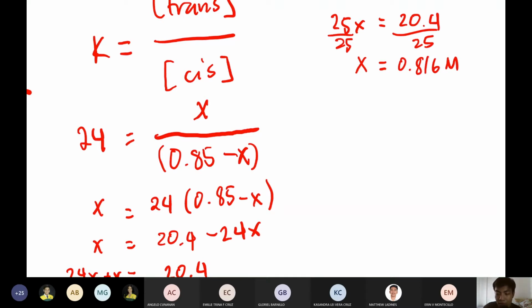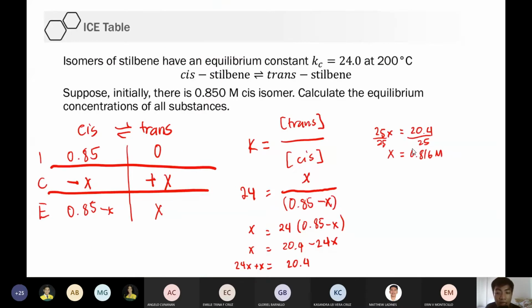Okay, so yan yung value ng x, 0.816. Okay, so nasolve na natin yung x, but we're not yet done. Okay, daming ginawa, hindi pa tayo tapos. Kasi ang hinahanap, equilibrium concentration, hindi yung value ng x.